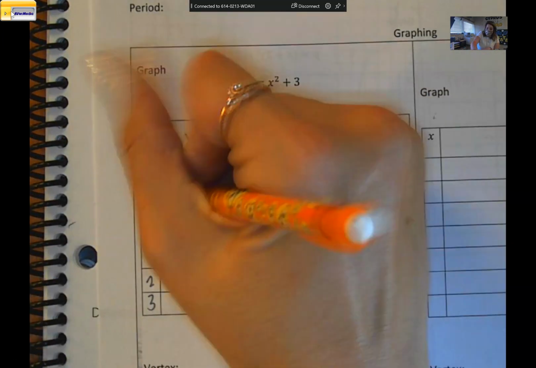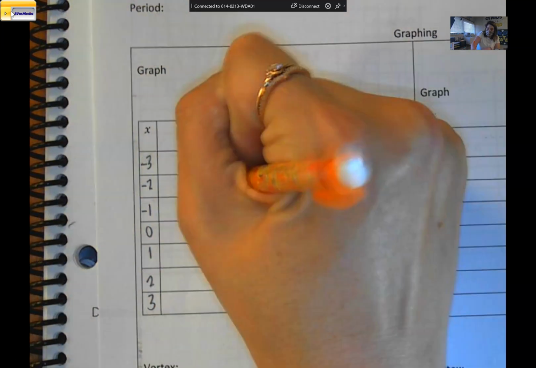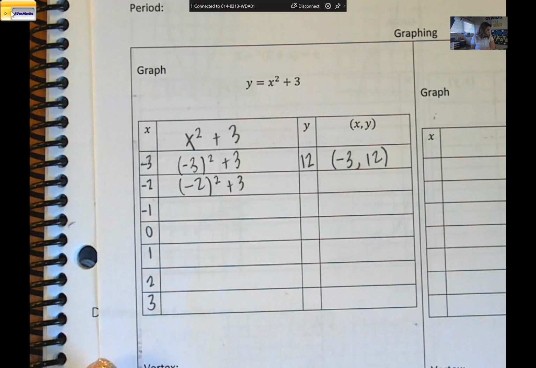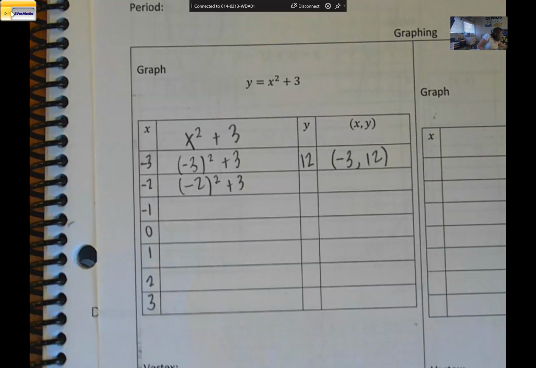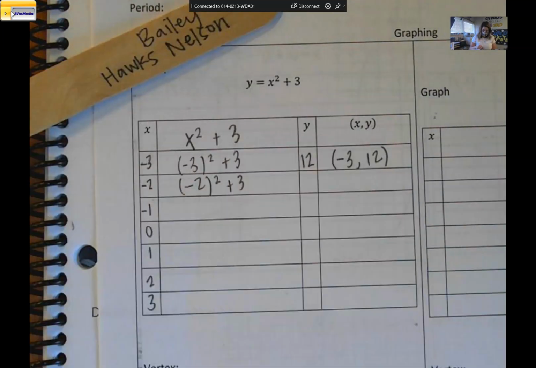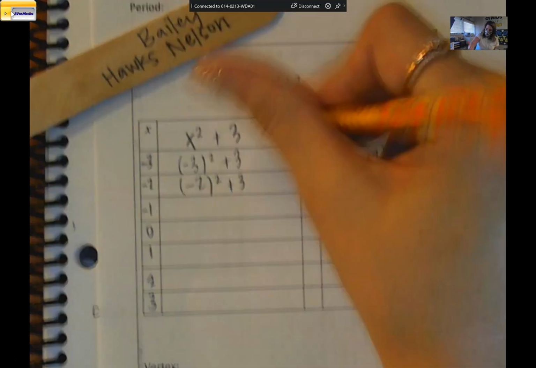The next thing that we're plugging in is -2 squared plus 3. So you guys plug that in. I'll just call on somebody to give it to me. Okay, Bailey, what did you get? 7.